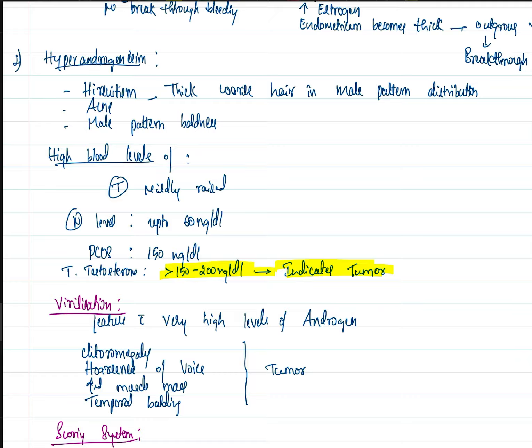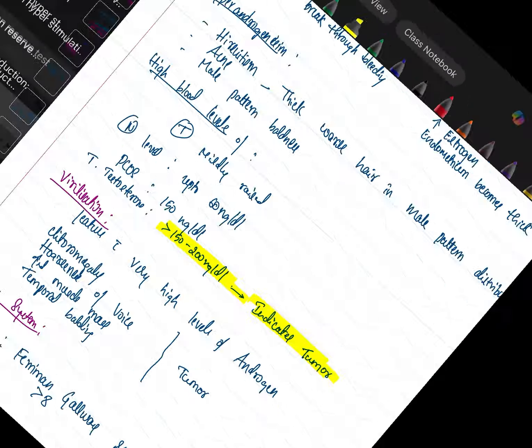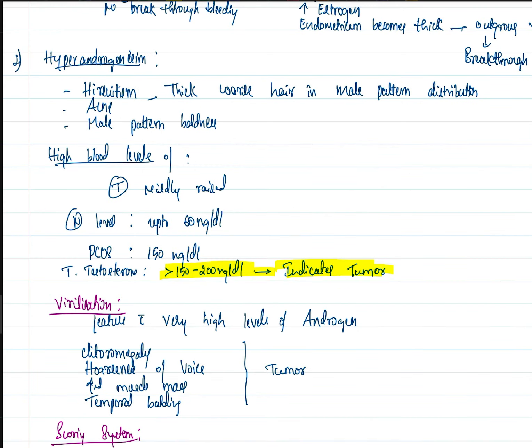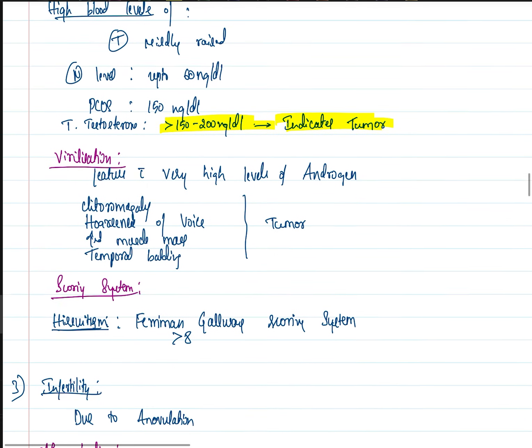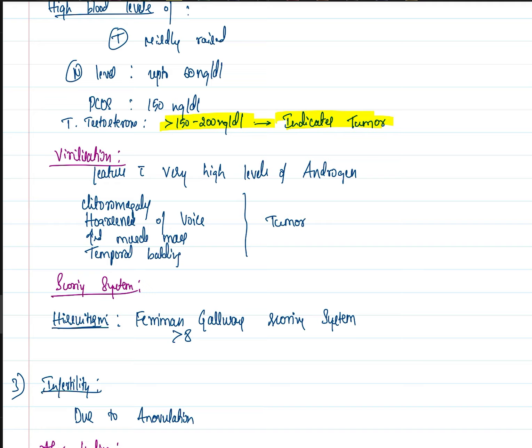Okay. So, virilization is not a feature of PCOS. Hirsutism is a feature of PCOS, but if there is an androgen secreting tumor, then we can have virilization features like clitoromegaly, hoarseness of voice, increased muscle mass, temporal balding, and all.